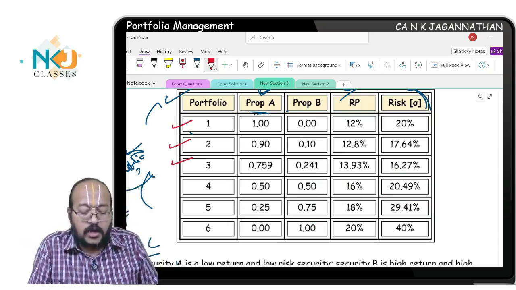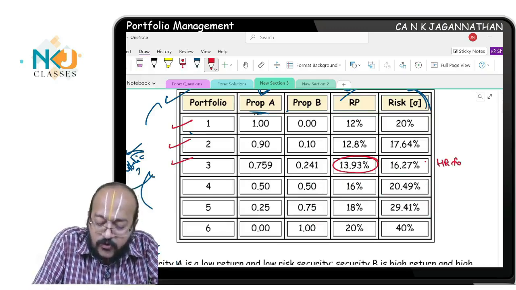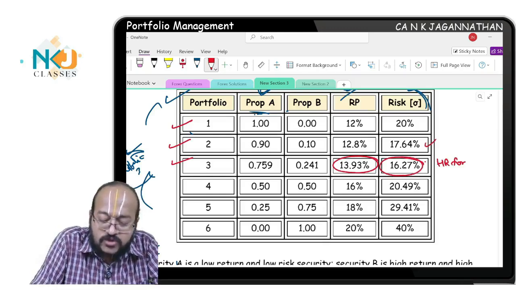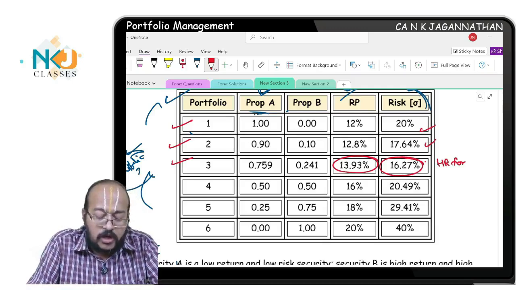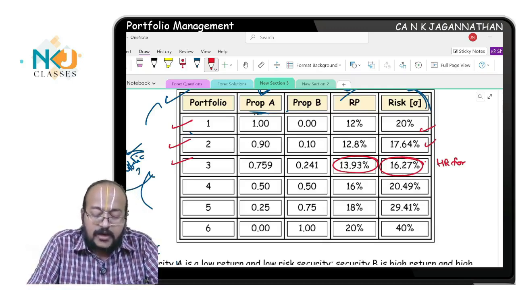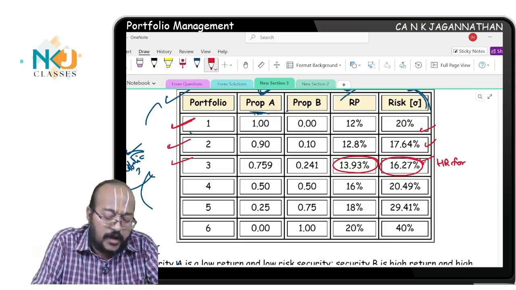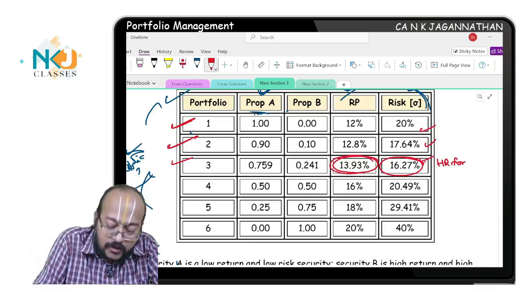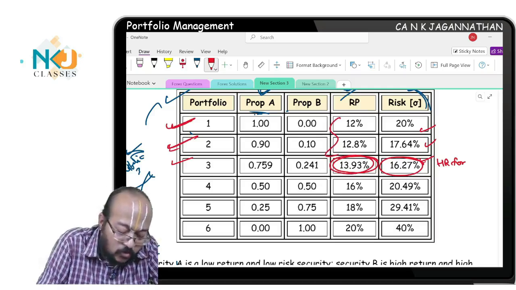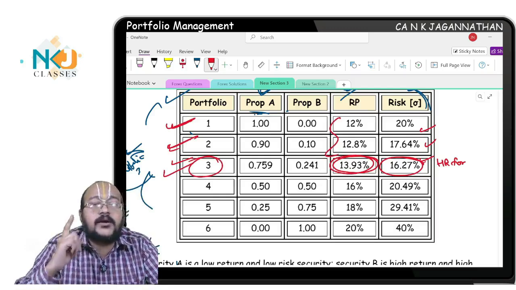Portfolio 3 is giving me 13.93%, which is a higher return for lower risk than these 2 portfolios. Portfolio 3 has a risk of 16.27%, which is lower than the risk of portfolio 1 and 2. Are you listening? By taking a lower risk, you can earn a return higher than portfolio 1 and 2. Hence, portfolio 3 is superior to portfolio 1 and 2.